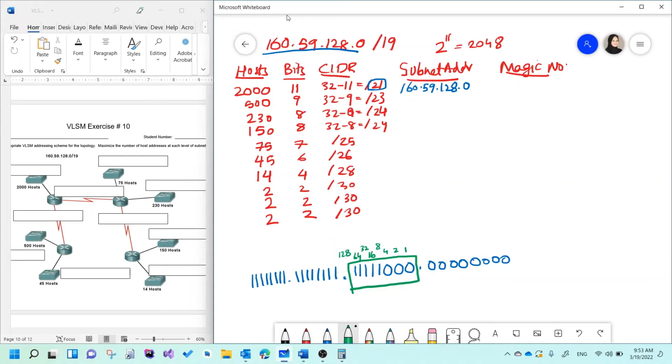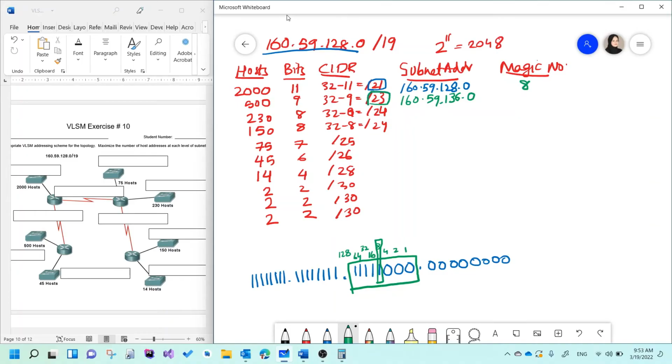Here the last one is basically where the bit value is 8. So your magic number is going to be 8, and it is in the third octet. So to this address, you need to add 8 in the third octet. So it would look something like this: 160.59.136.0.